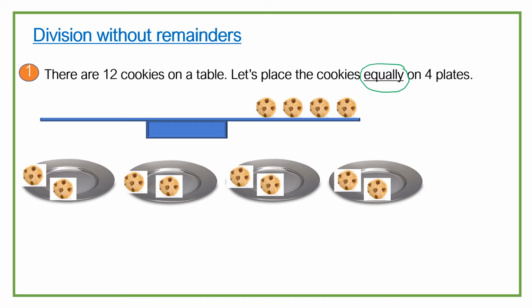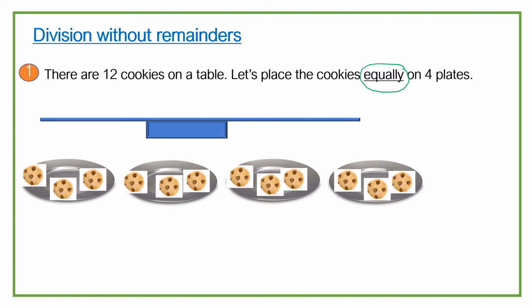Now, finally, let's put 1 cookie on each plate. 1, 1, 1, and 1. So, you can see that each plate has got 3 cookies and no cookies left on the table.